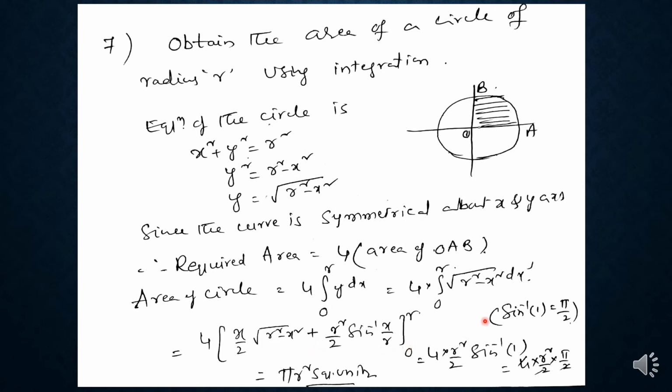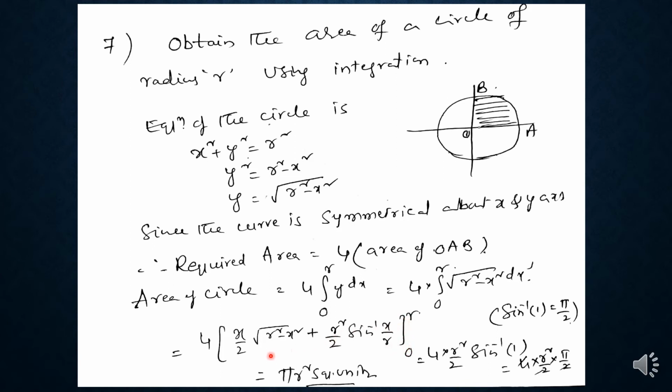We have this formula from the 9th standard. Here, instead of a, we put r, so a is equal to r. That becomes 4 into x by 2 square root of r square minus x square plus r square by 2 sine inverse x by r, from 0 to r.